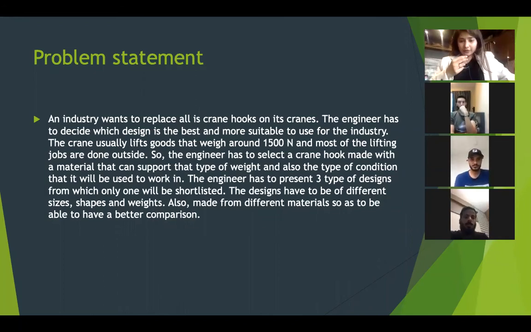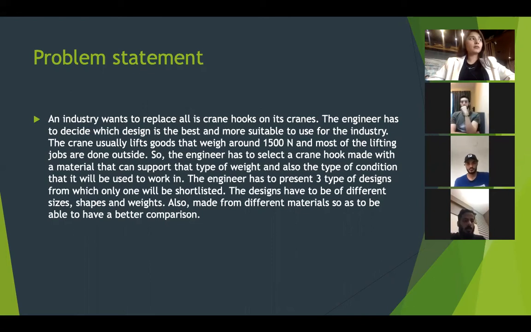So we have decided to present three types of design, from which only one will be shortlisted. So the designs will have to be of different sizes, shapes, and weights, and also made of different materials so as to be able to have a better comparison. So this is our problem, and the next step will be to solve the problem. So we will go to the designing part.